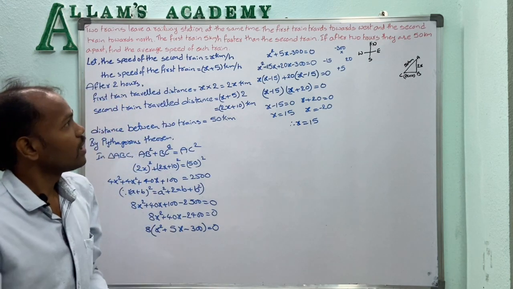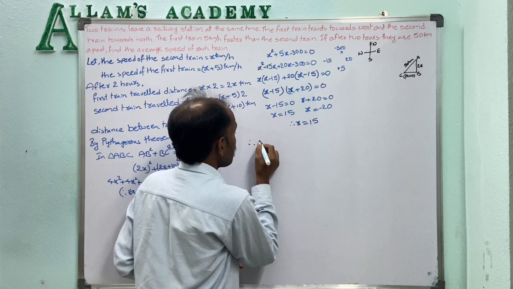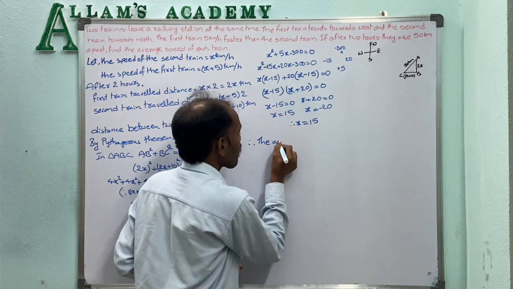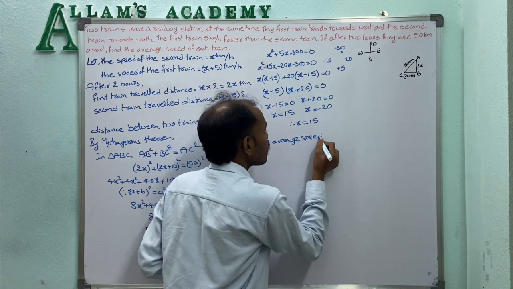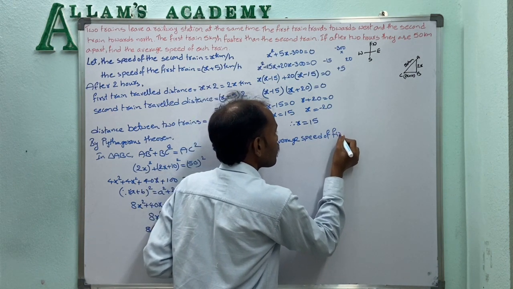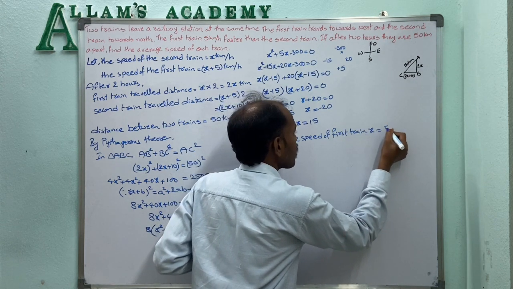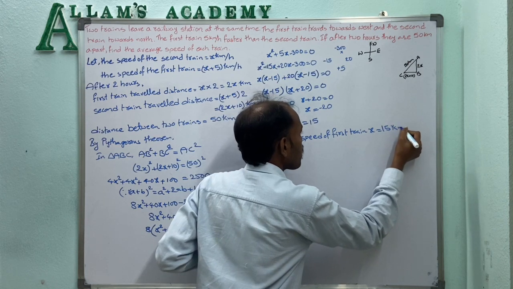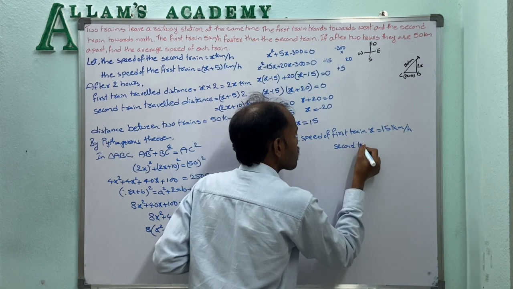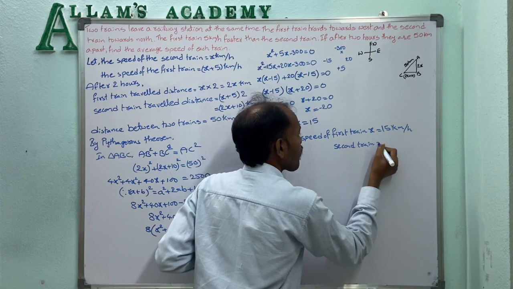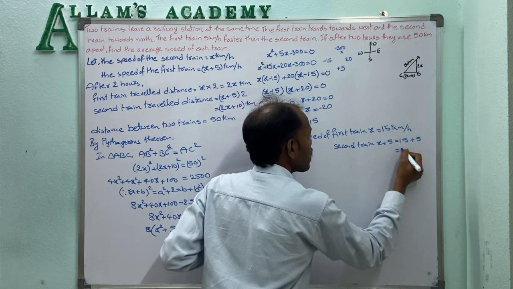Okay. So now here we have to find the average speed of each train. So the average speed of first train, that equal to x equal to 15 kilometers per hour, and for the second train average speed equal to x plus 5, that equal to 15 plus 5, that equal to 20 kilometers per hour.